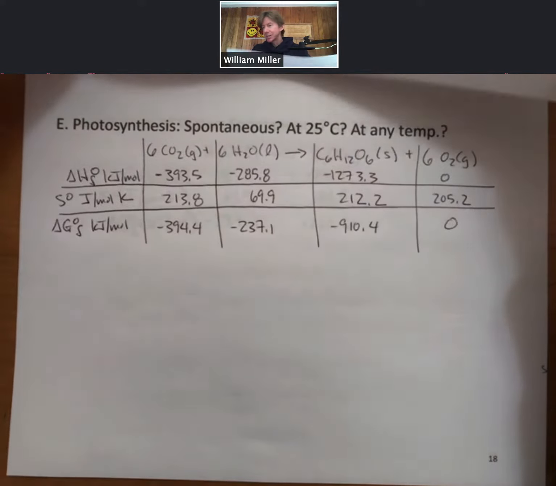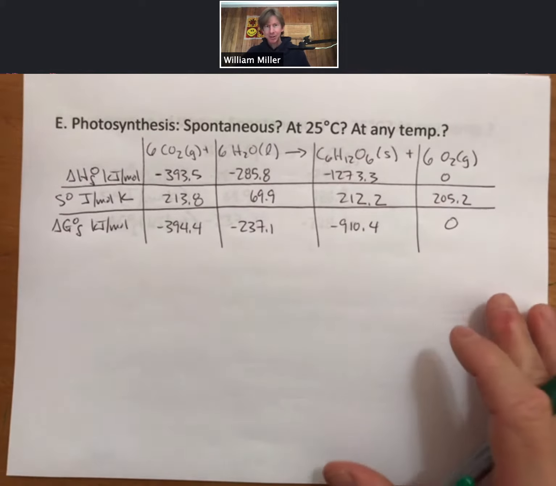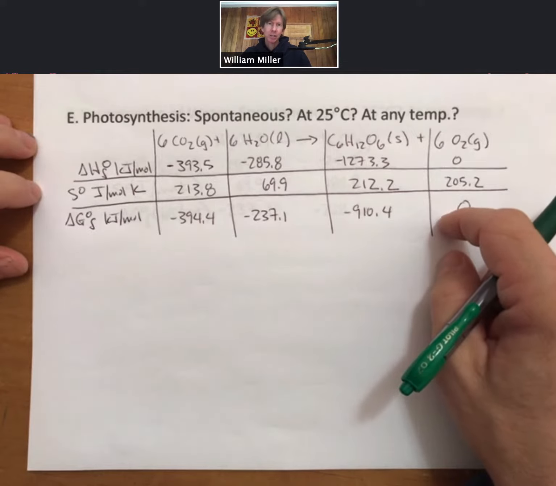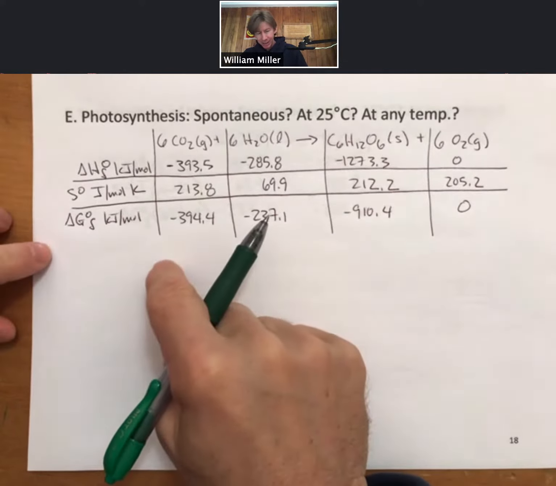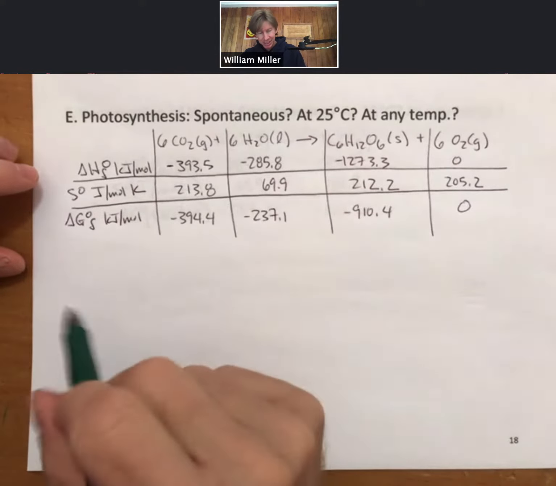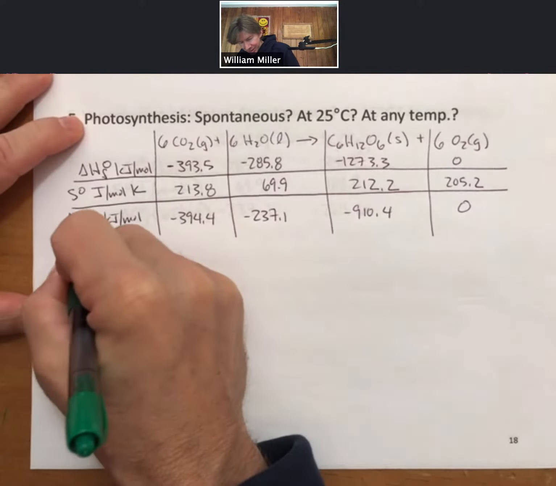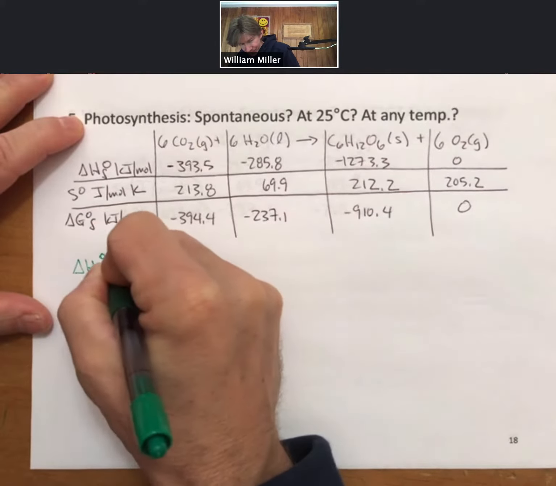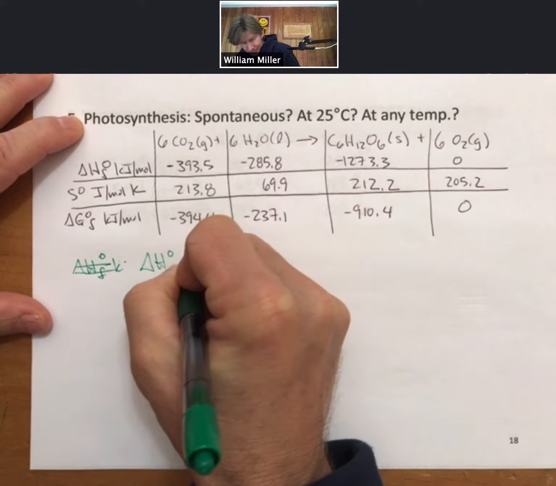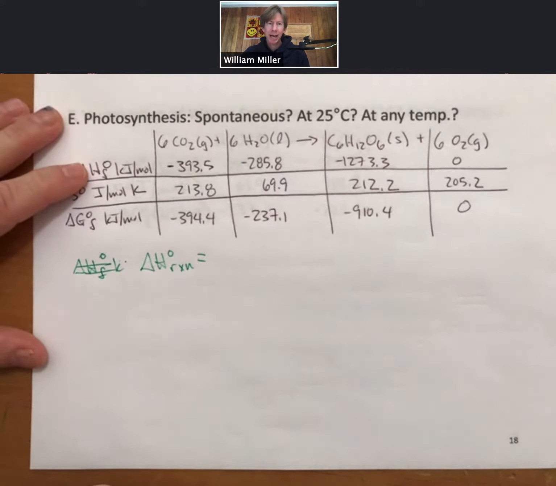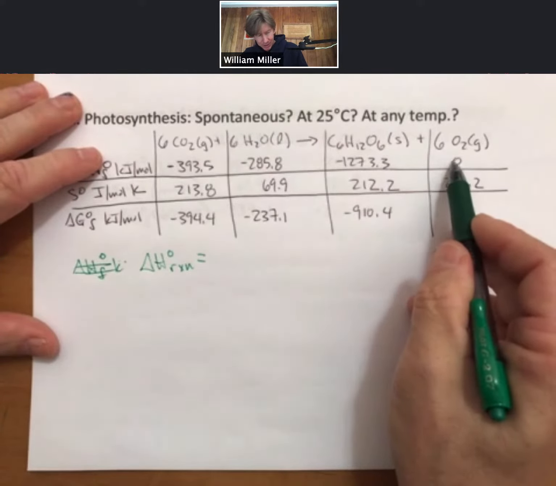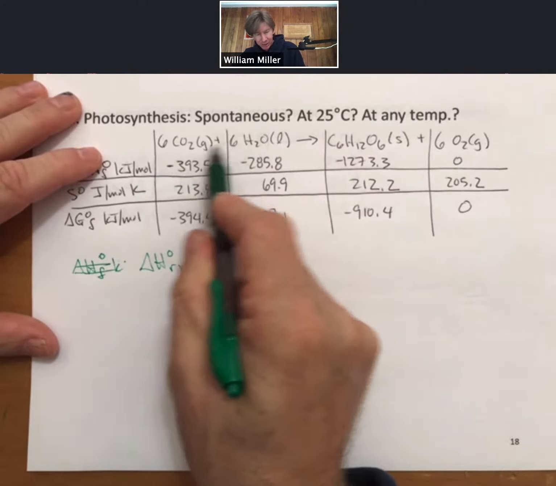Okay, let's do the same thing for photosynthesis now. Take a minute and make sure you've got all these in your notes. Pause the video if you will, and then let's go ahead and calculate for this one, which has some 6's. So delta H naught reaction is going to be products minus reactants times coefficients.